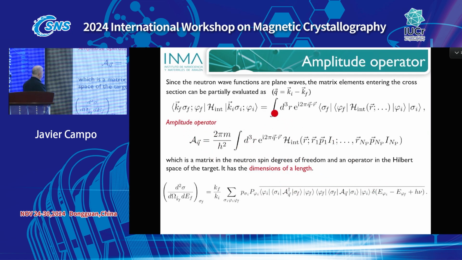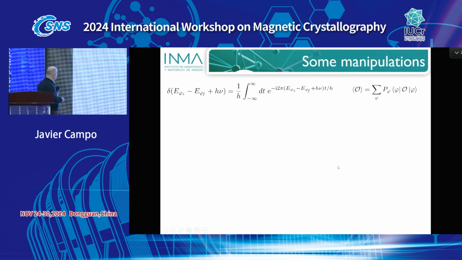And then the expression becomes like this. Here is one part, this is the other, one times the other is the modulus squared, the conservation of the energy, and the average. But here we see that the polarizations we are keeping, and we will use. Then some manipulation.